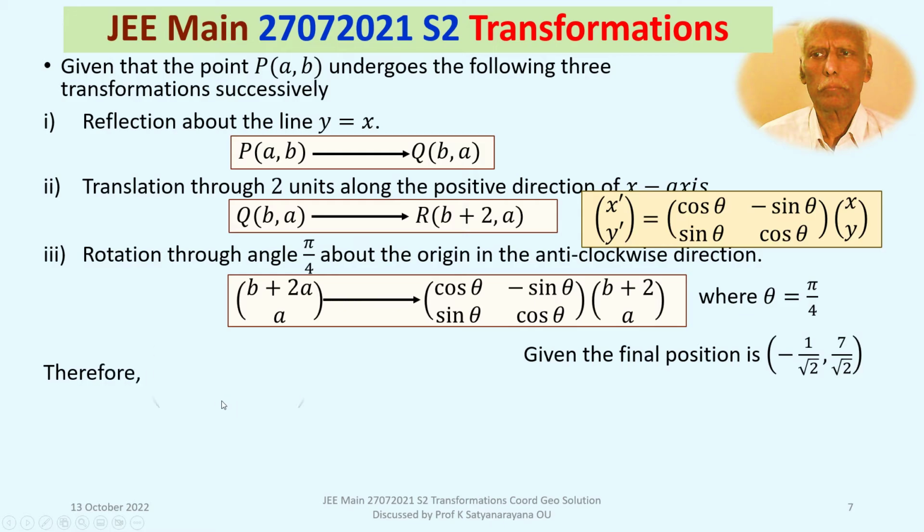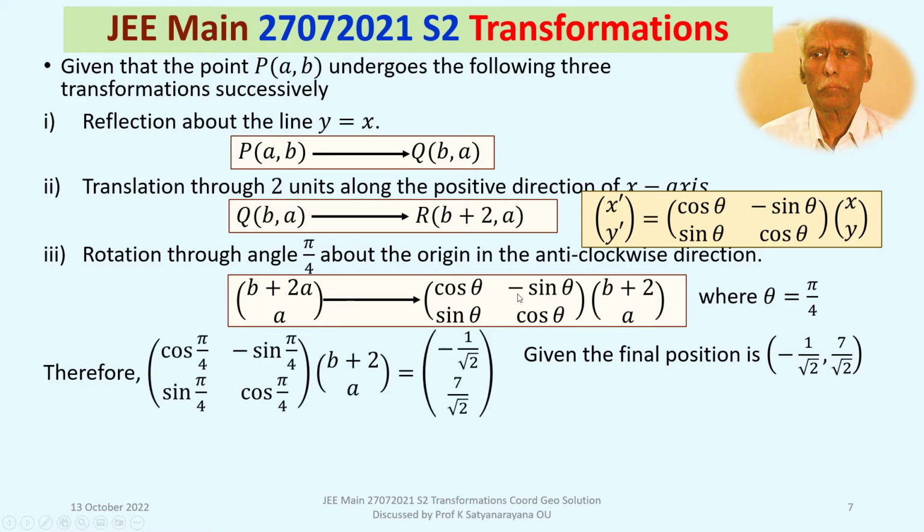So therefore the matrix of rotation, cos pi by 4, minus sin pi by 4, sin pi by 4, cos pi by 4, multiplied by the coordinates (b + 2, a), gives the final position, (minus 1 by root 2, 7 by root 2). So now we simplify and get the value of 2a + b in the next slide.